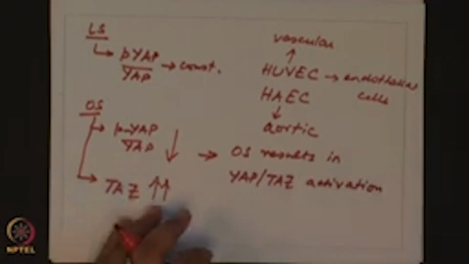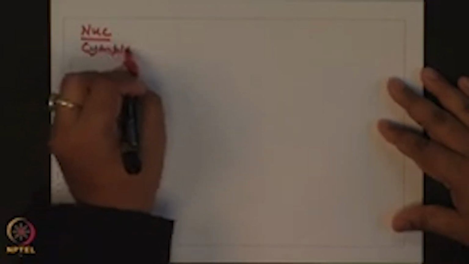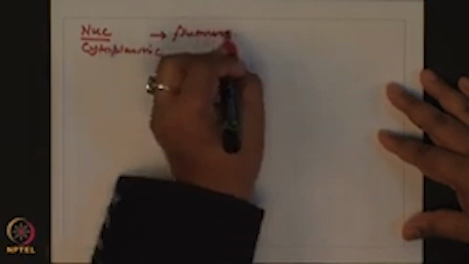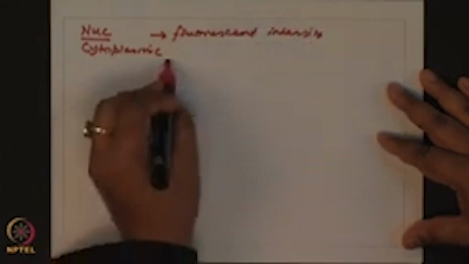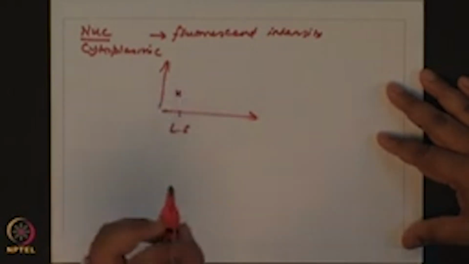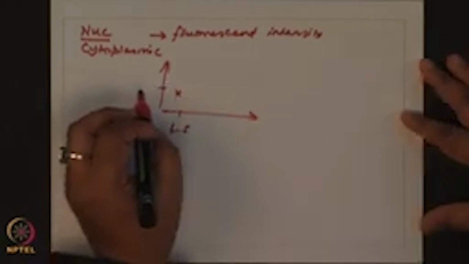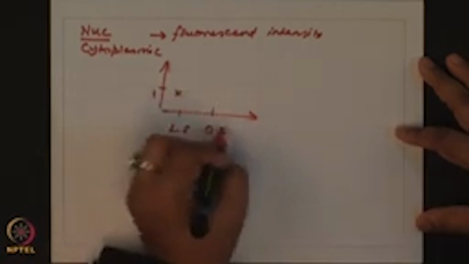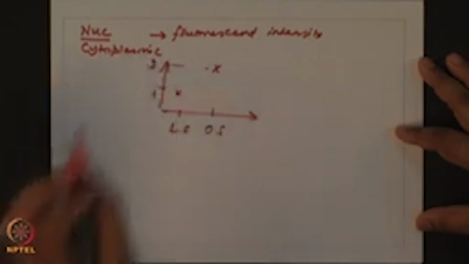And they also confirmed this by the localization signature. So, what they did was they tracked the nucleus to cytoplasmic fluorescent intensity signal, and then what they found was, compared to laminar stress conditions where you had a given profile which was lesser than or comparable to 1, under these conditions this increased in OS, significantly increased to a value of 3.